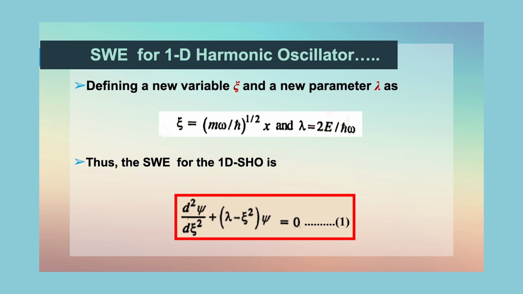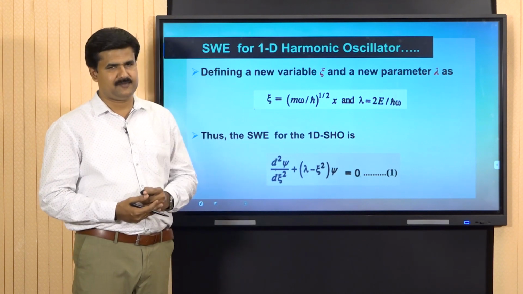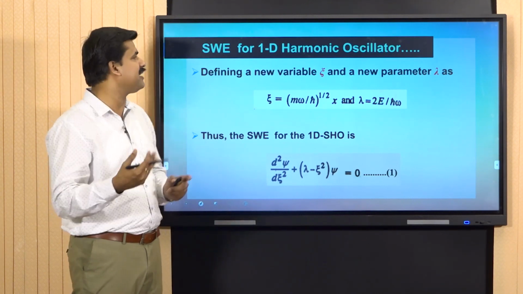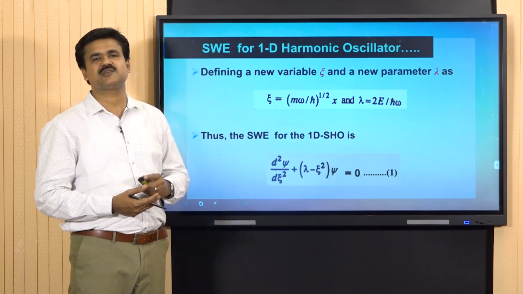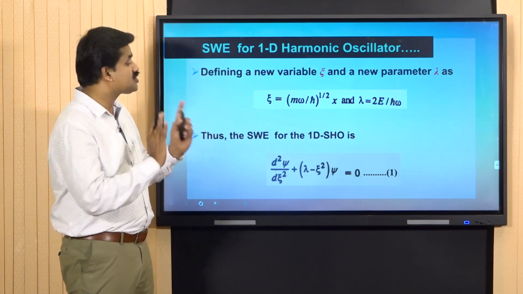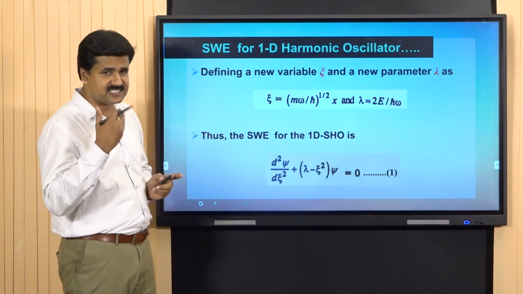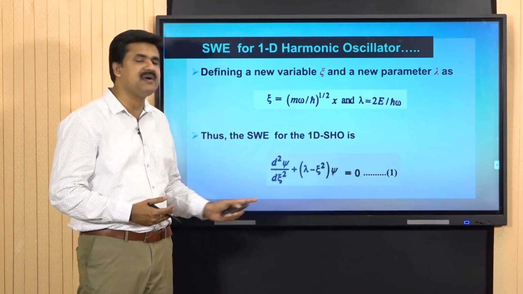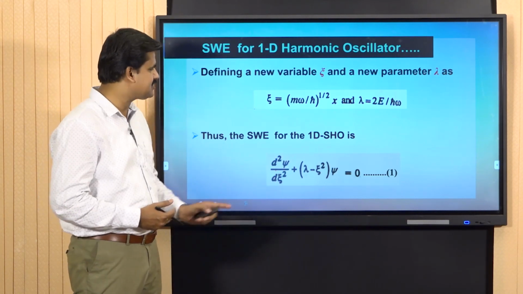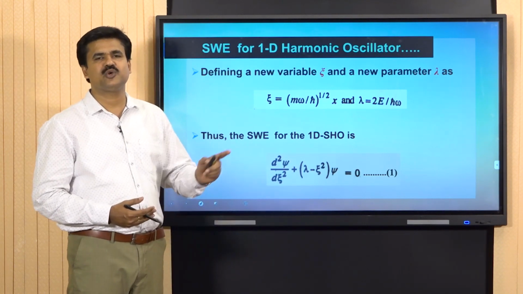Note the change. In the previous equation, we had d square psi by dx square, and that x is now replaced with xi, and xi is given by m omega by h cross the whole raised to 1 by 2 times x. So we are getting the modified form of the Schrodinger wave equation of the present system as d square psi by d xi square plus lambda minus xi square into psi is equal to 0.